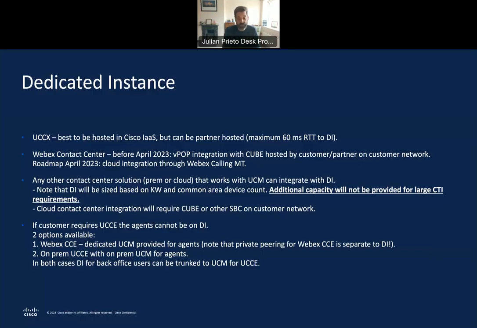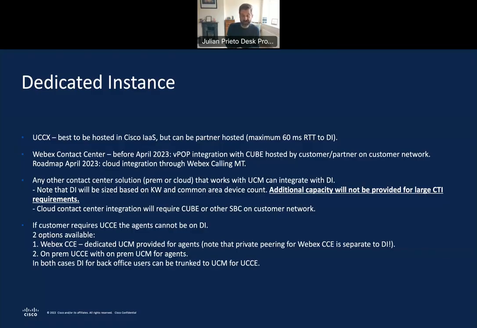If a customer requires UCCE, Unified Contact Center Enterprise, then a key thing to note is that the agents cannot be on dedicated instance. For customers that require UCCE, we have two options available. The first is WebEx Contact Center Enterprise, which is UCCE hosted and operated in the WebEx cloud, and with WebEx CCE there is a dedicated UCM provided for agents.